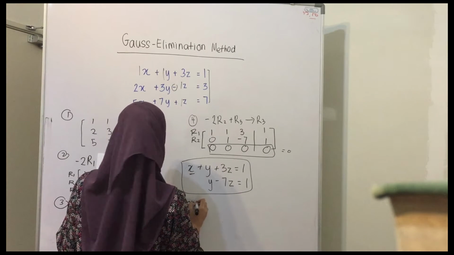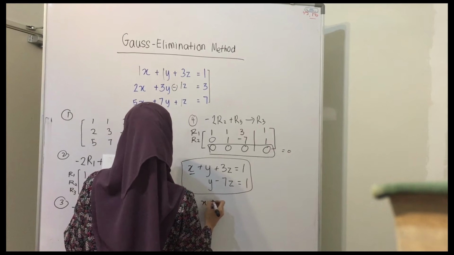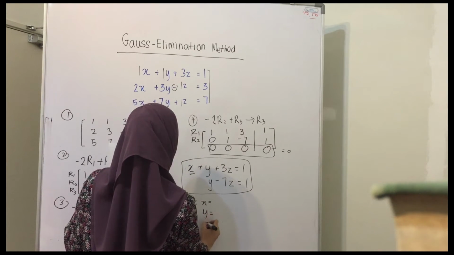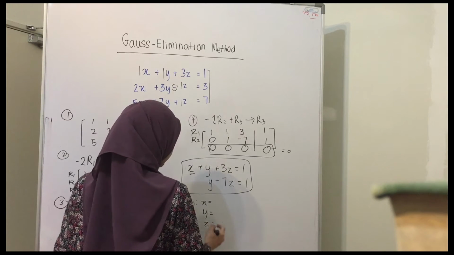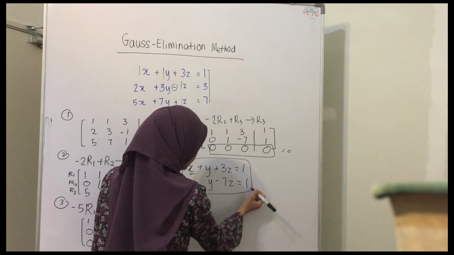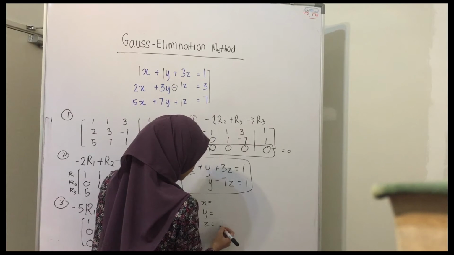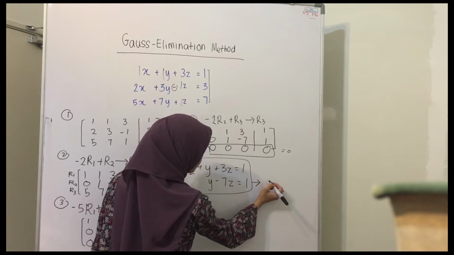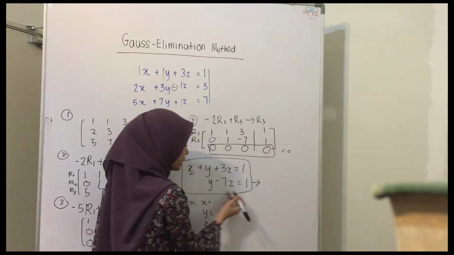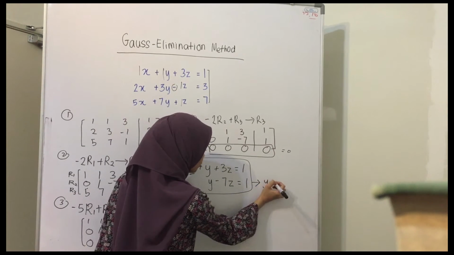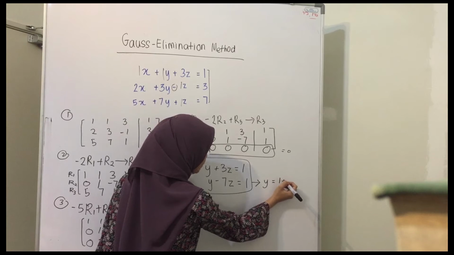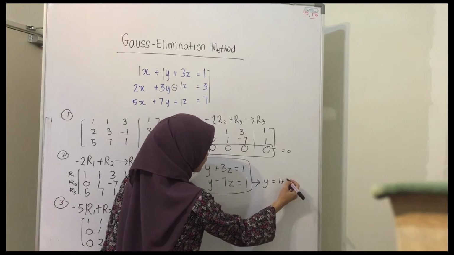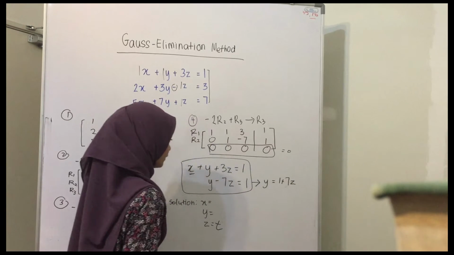The solution is x, y, and z; we write them first. So z is t, because from this we want to take y, which is y is equal to 1 plus 7z.